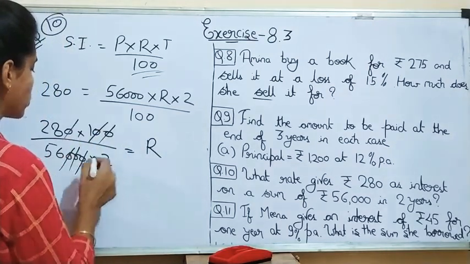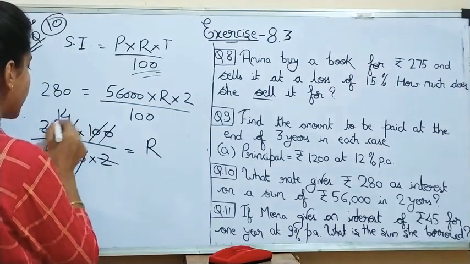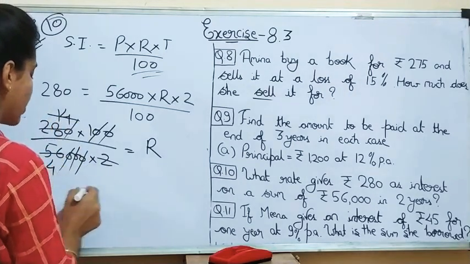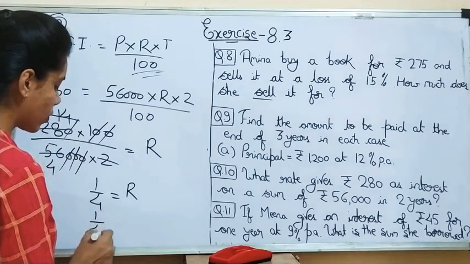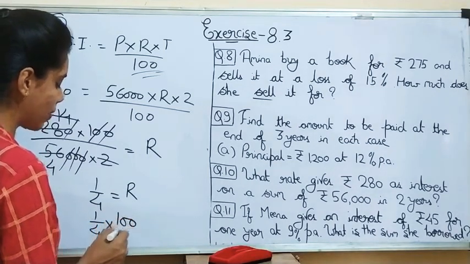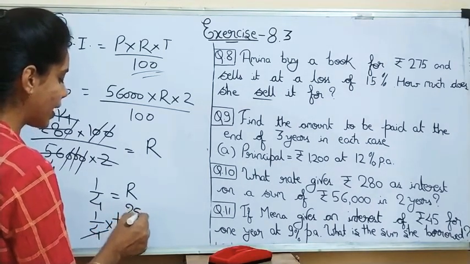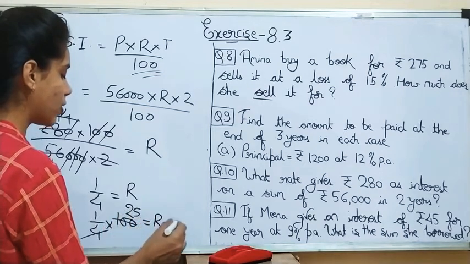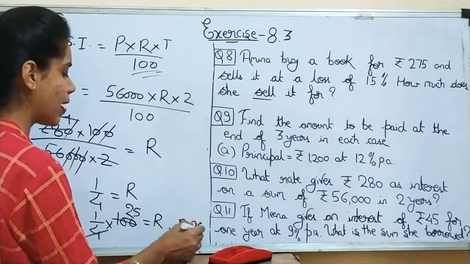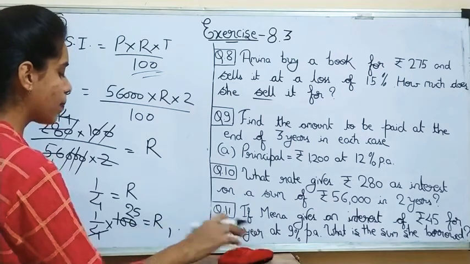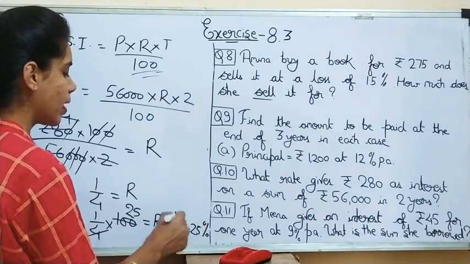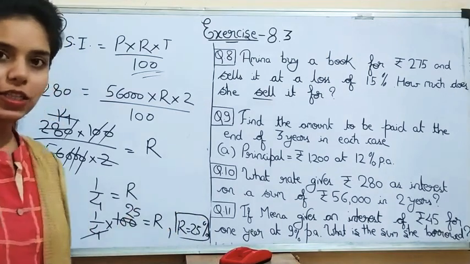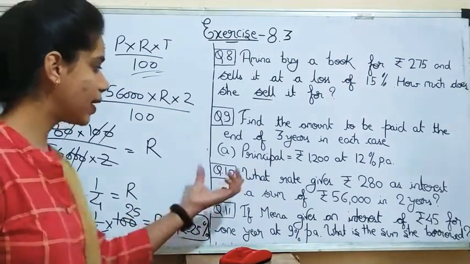Cancel the zeros. 2 14s are 28, 14 4s are 56, so 1 by 4 equals R. To convert it into rate percent, multiply by 100, and we get the rate of interest as 25%. So the rate of interest will be 25%. Understood this thing? So this was question number 10.